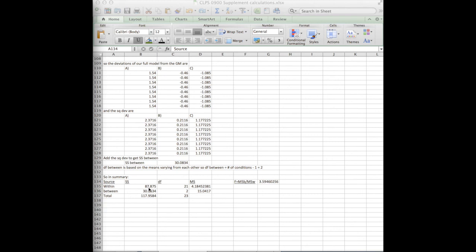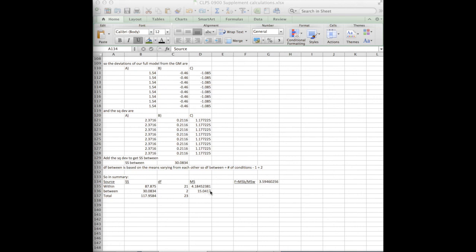So 87.875 divided by 21 gives you the mean square within term here, so 4.18. Likewise with the between, SS between over DF between gives you MS between.